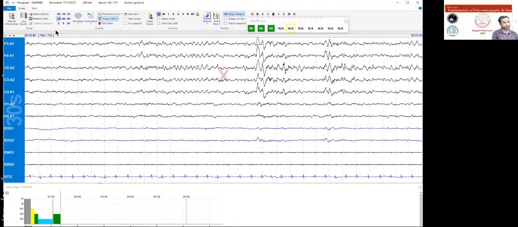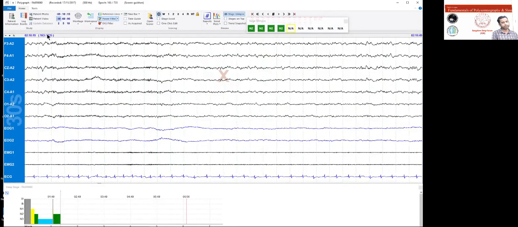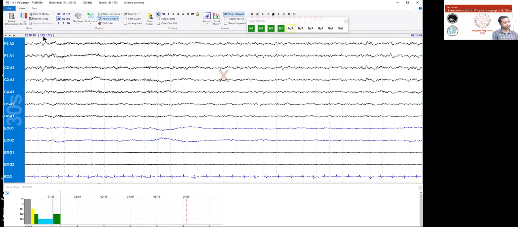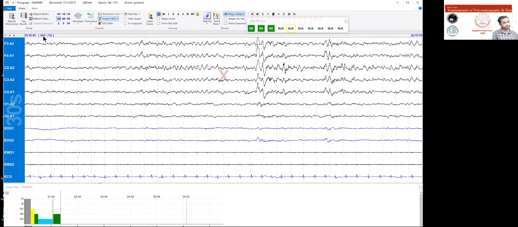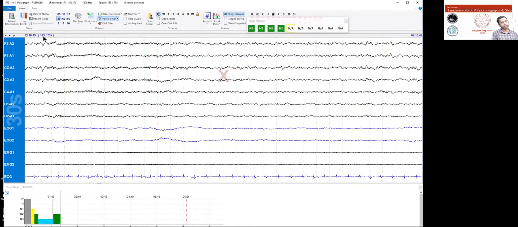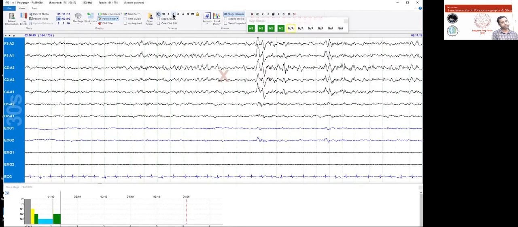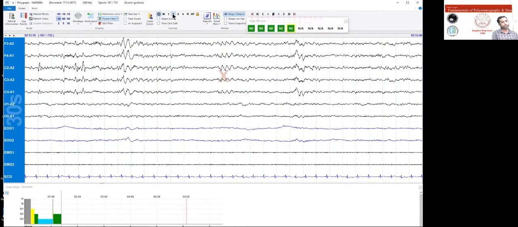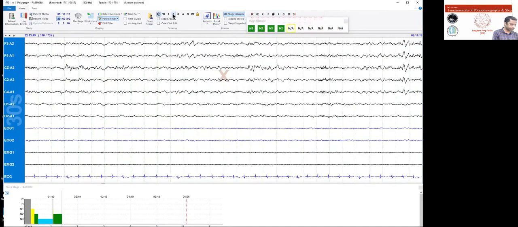Rapid movement is not there, but these K complexes are there, so that is N2 only. In the middle there was an epoch where there was no K complex, nothing, but the preceding and following epochs were N2 because of the K complex.